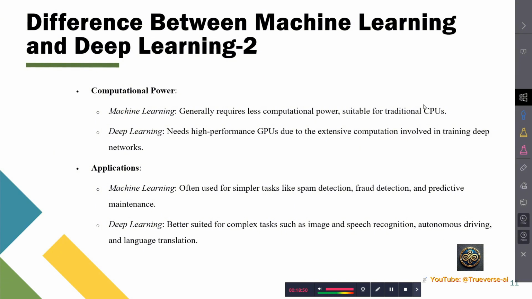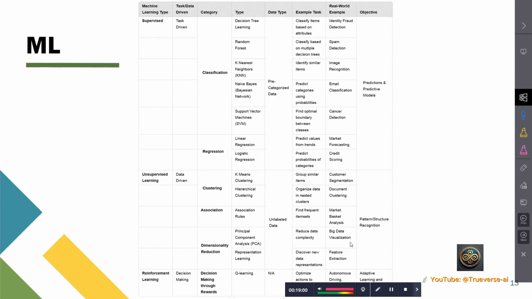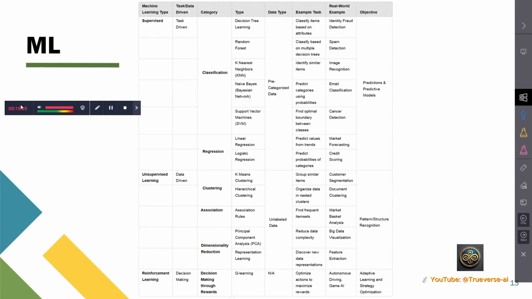So this is the difference between those. I am going to talk about supervised machine learning a little bit, very technically. This is the answer to the question which I asked you. I spent many days to prepare even this single table.